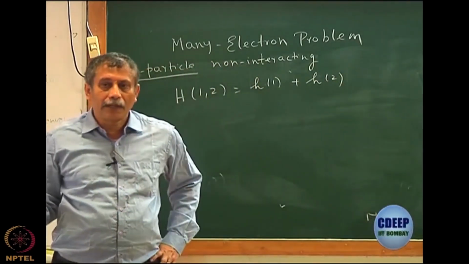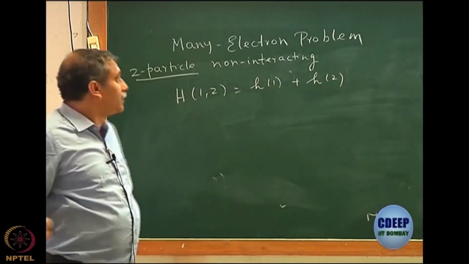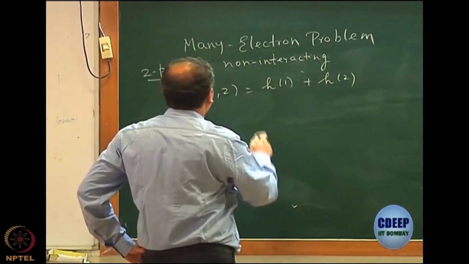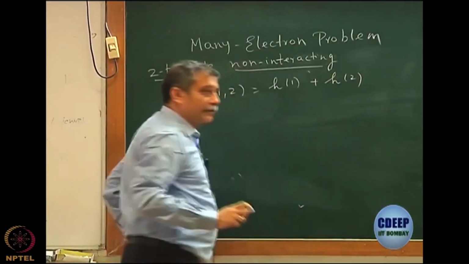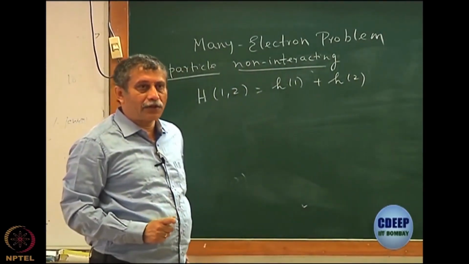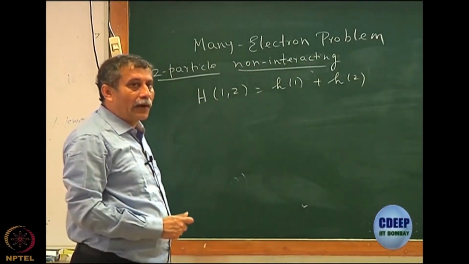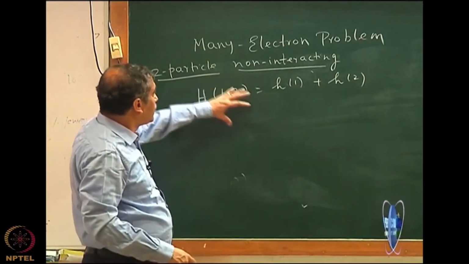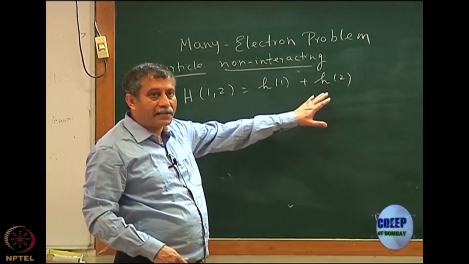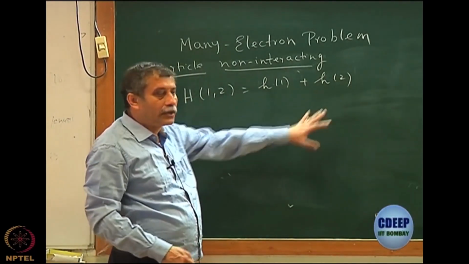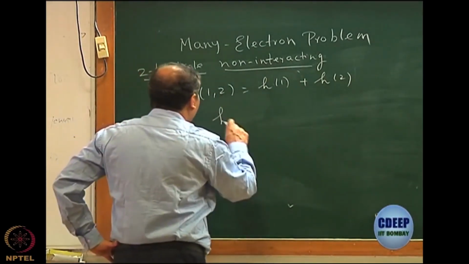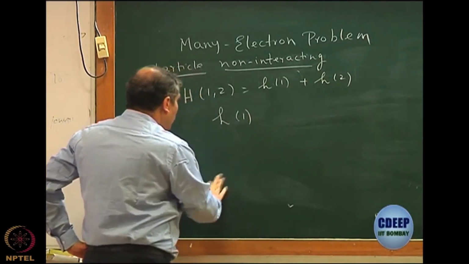It is very simple, I do not have any interacting term. So, this is a two particle non-interacting Hamiltonian. Then what did I say? The eigenfunction of this is just a product, or antisymmetrized product, of the eigenfunctions of these two. So, let us now write down the eigenfunction of this.